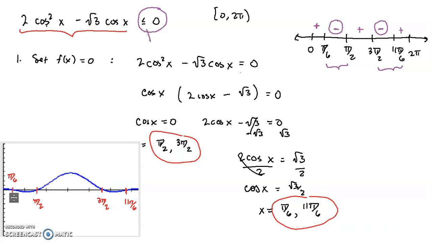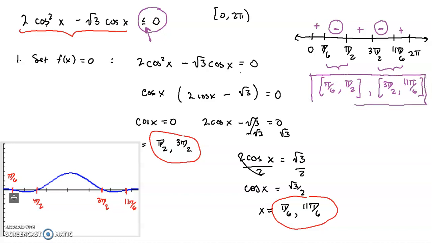And because it is included here, we are going to use square brackets. It's also included here. That means we're including 0. We're including the intercepts. So we would have pi over 6 to pi over 2, and we would have 3 pi over 2 to 11 pi over 6. Okay, so that is our final answer.